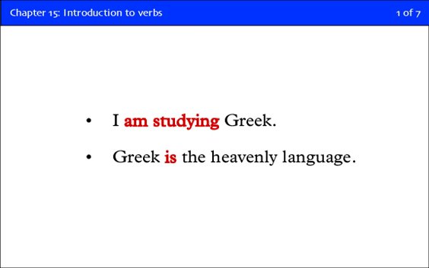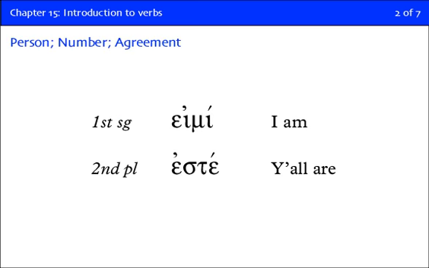Verbs are those words that express action or a state of being. I am studying Greek. Greek is the heavenly language. So those are verbs, and that's what we're going to work with now. We've already seen that verbs have both person and number, first, second, or third person, singular or plural.